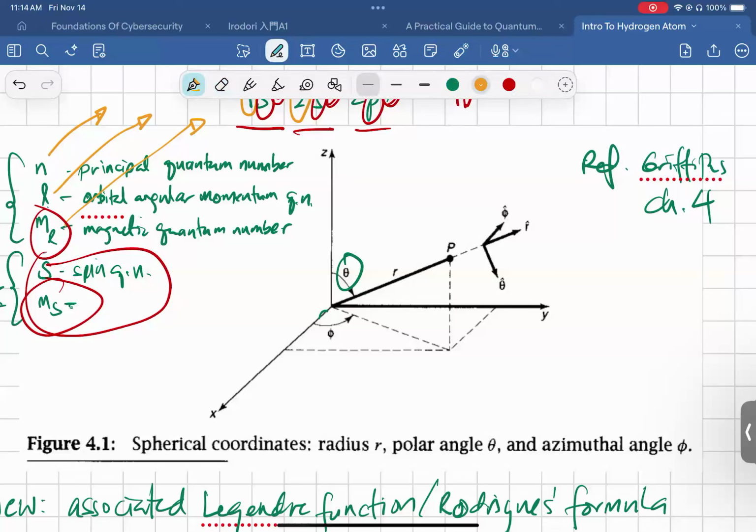If you go around the xy plane, then after one cycle you come back to the same solution. So if you go around one cycle, or 2 pi radians, you get exactly the same solution.